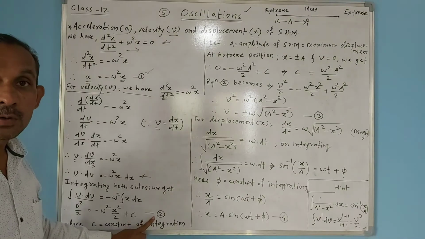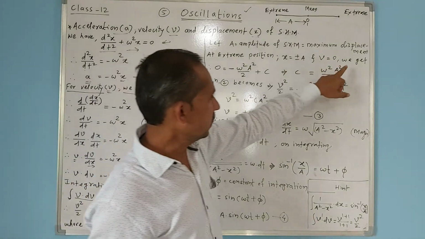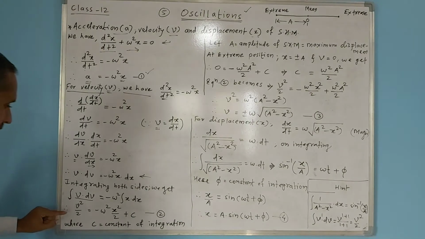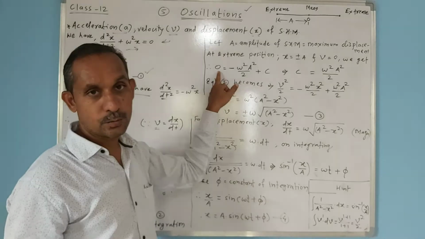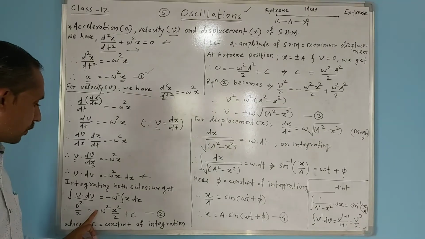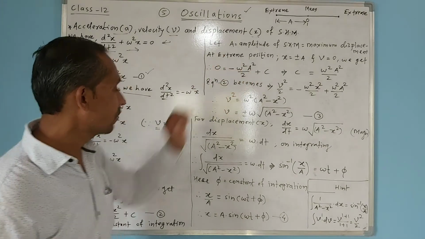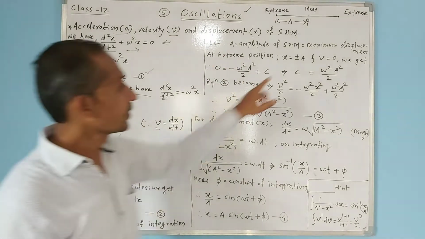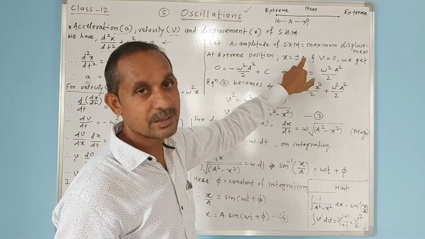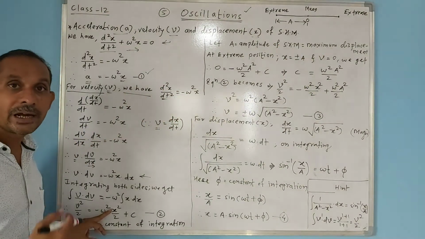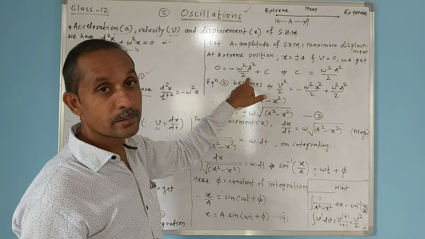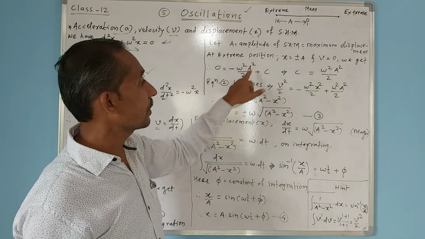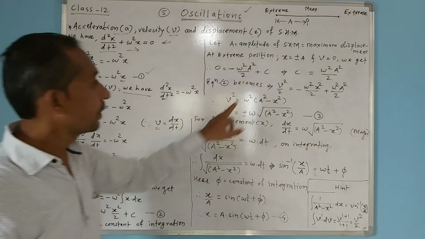Equation 2 becomes now: v is 0, so 0 by 2 means 0, equal to minus omega square x square by 2. The displacement x is positive or negative maximum, so instead of x we have to write the capital A. So minus omega square A square by 2 plus c.